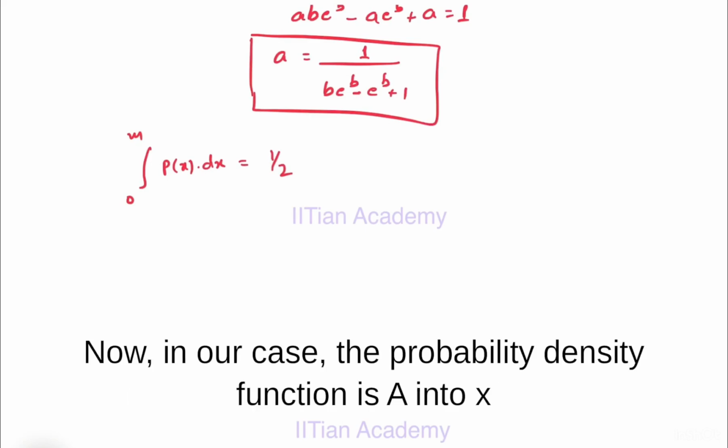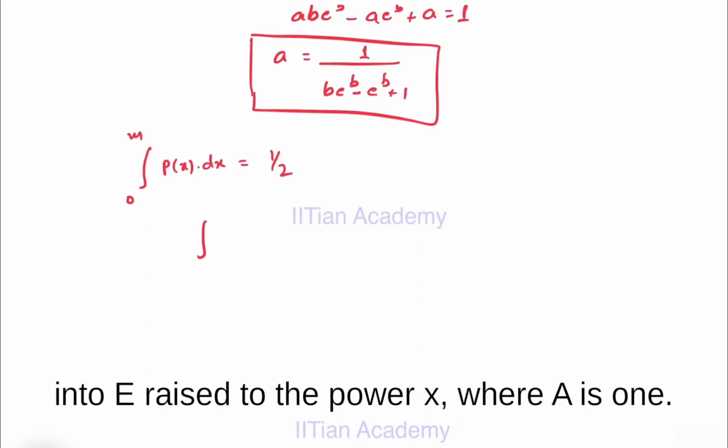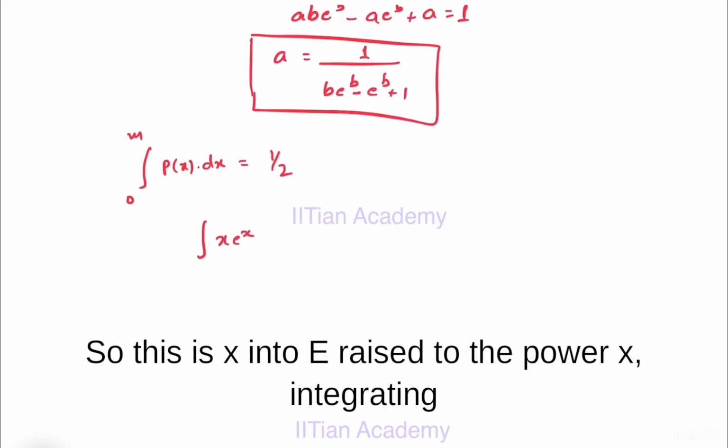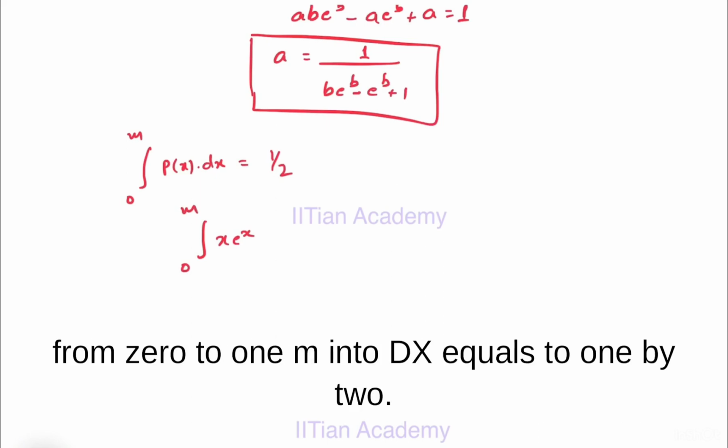Now in our case the probability density function is a into x into e^x, where a is 1. So this is x e^x, integrating from 0 to m, dx equals to 1 by 2.